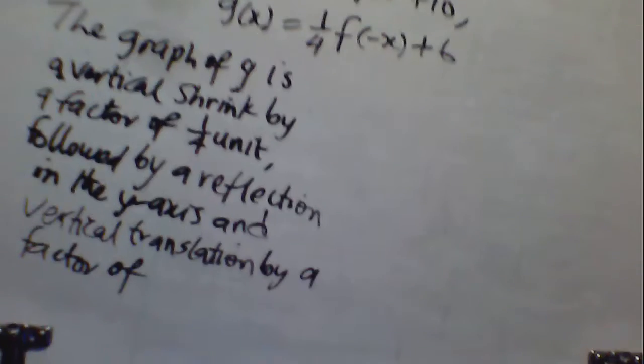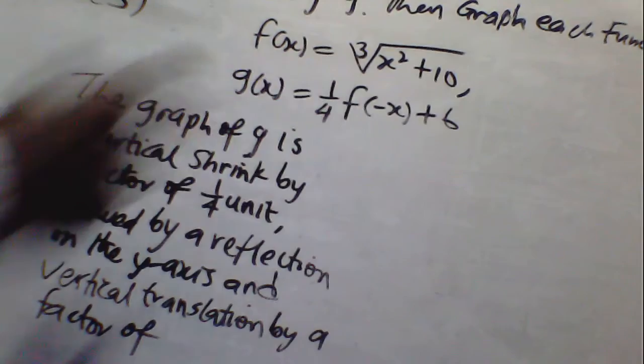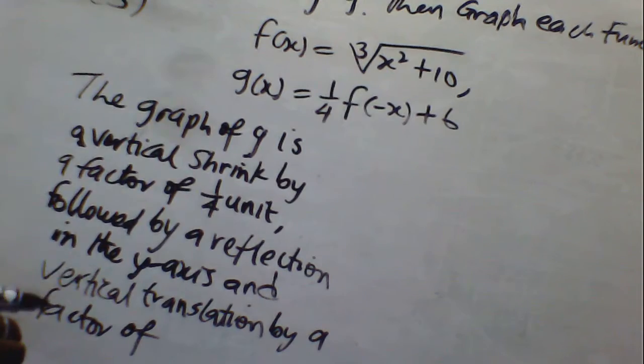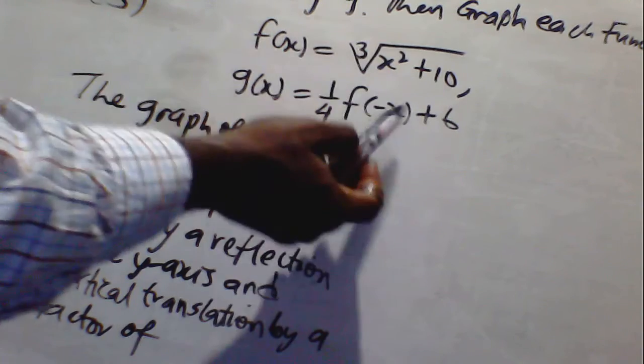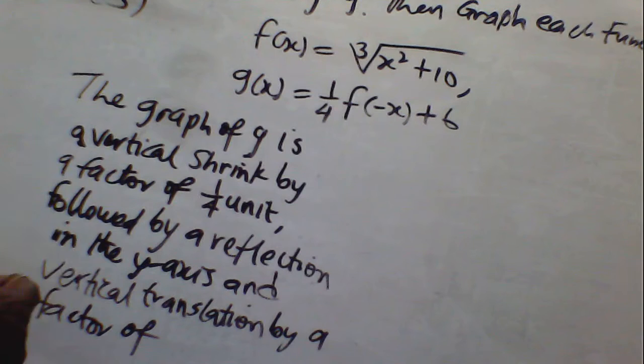I hope you are seeing it. I'm trying to describe the transformation of g with respect to f. The graph of g is a vertical shrink by a factor of 1/4, followed by a reflection in the y-axis. There is a reflection on this graph. The negative suggests there is a reflection.